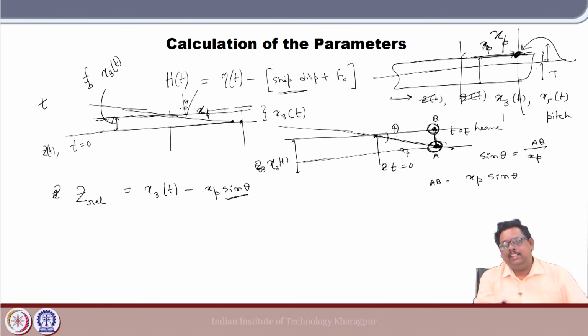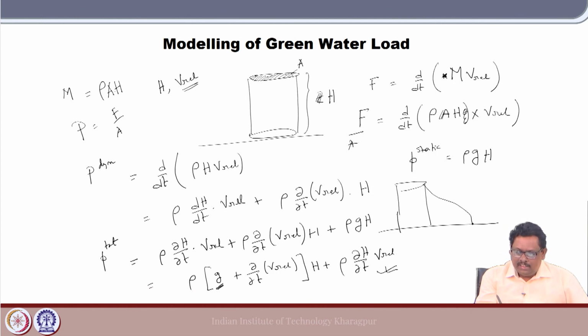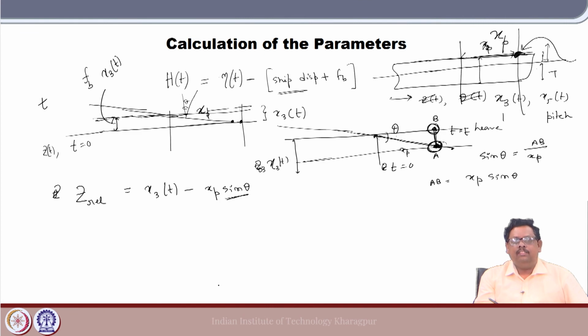But since theta is very small, cos theta approaches 1. That is why I write g here, which means I am assuming theta to be small. Now, if theta is small, then sin theta equals theta.